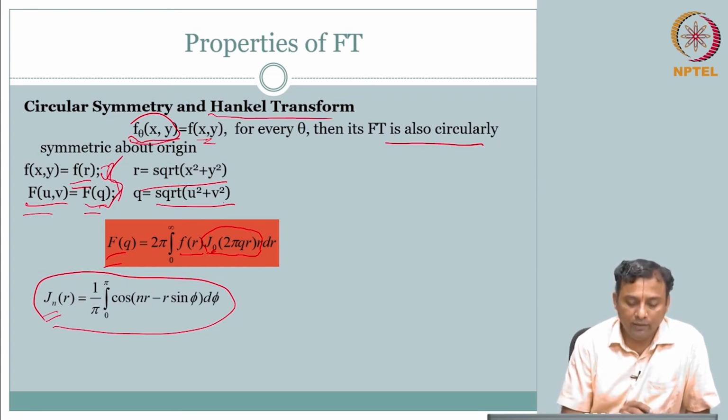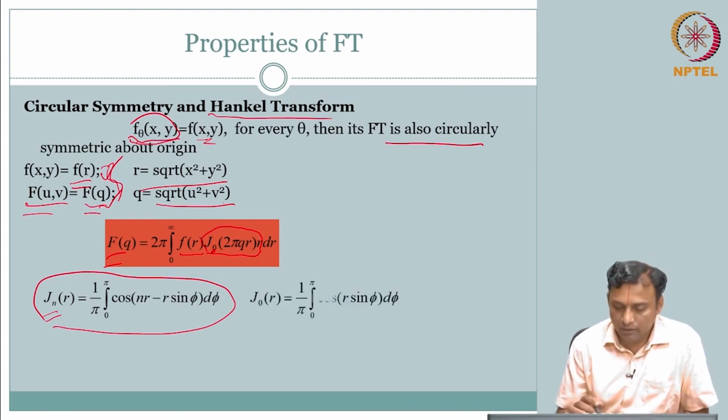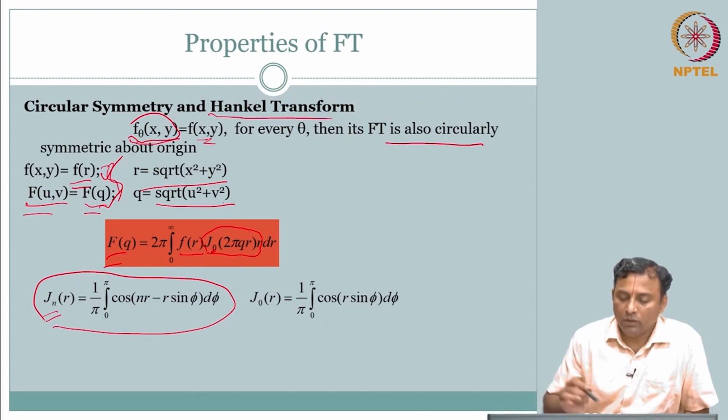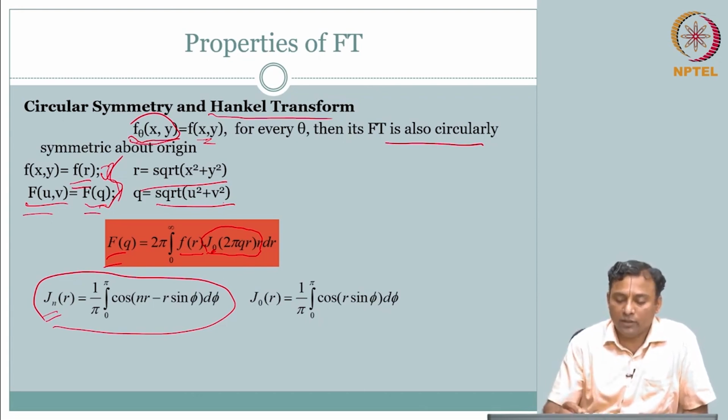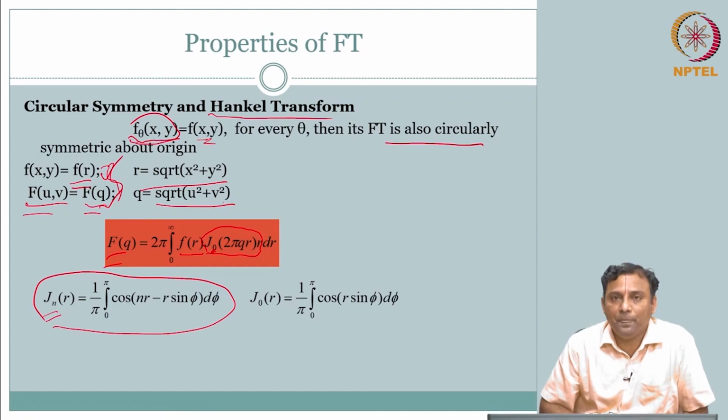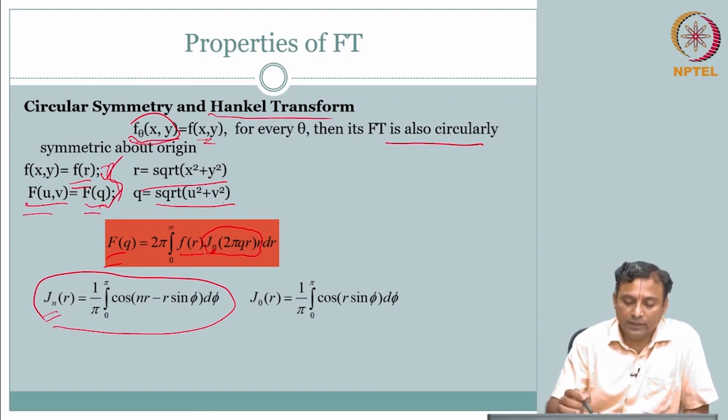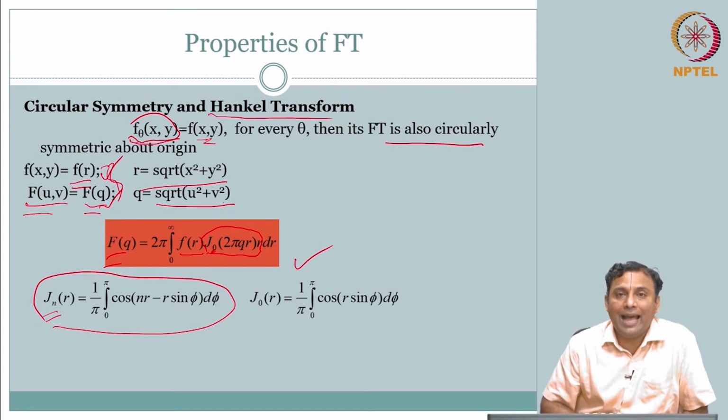So, if this is for n, then we can substitute 0, right. We could get J naught of r is equal to 1 over pi times the integral from 0 to pi of cos of r sin phi d phi.